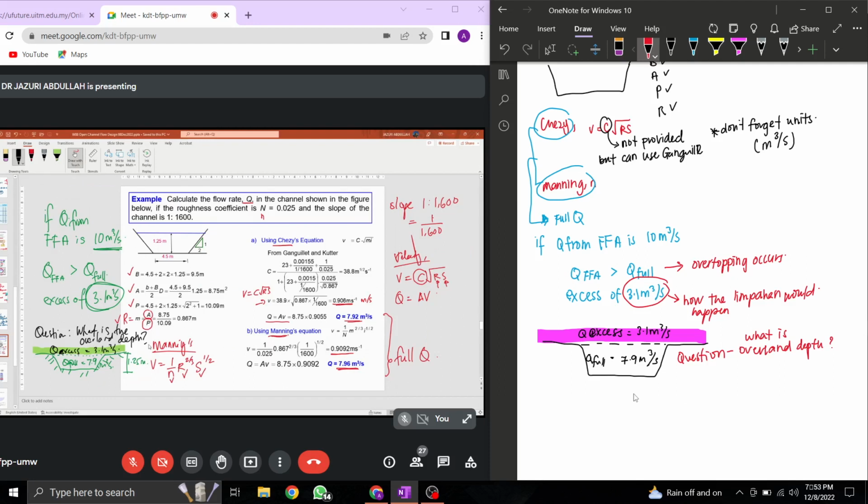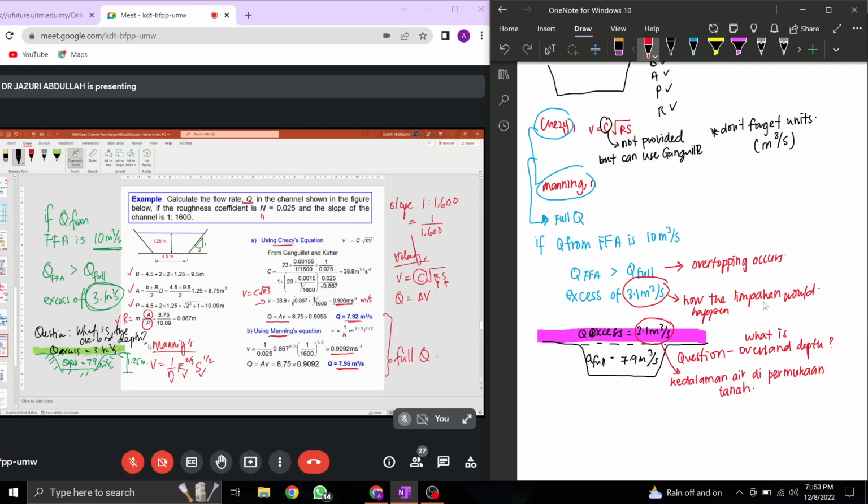So now you have the excess of lebihan sebanyak 3.1 meter cube per second, and this 3.1 meter cube per second, you kena calculate berapa banyakkah air akan berada, kedalaman air di atas permukaan tanah. So with this excess discharge of water 3.1 meter cube per second, you calculate what is the depth of the water on overland.